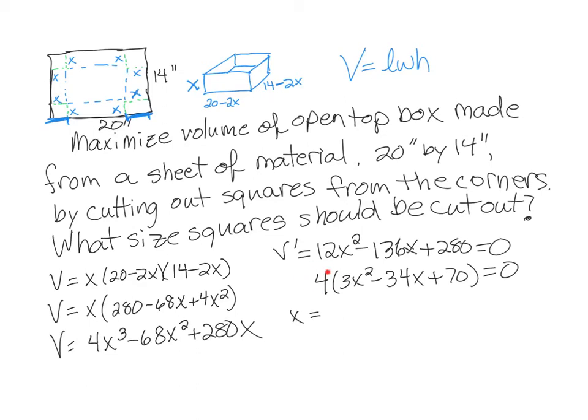By the way, this 4 that we factored out, that's a factor, right? And it can't equal 0, so I can just blow him off and just factor what's in the parentheses. So negative b plus or minus the square root of b squared minus 4ac. The whole thing is over 2a.